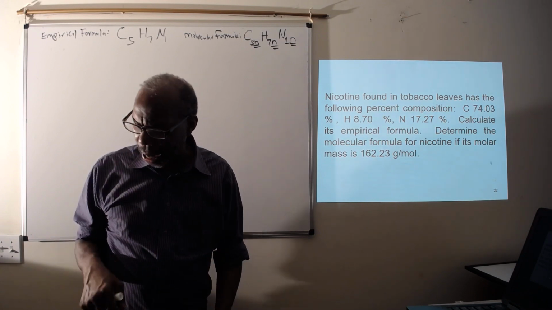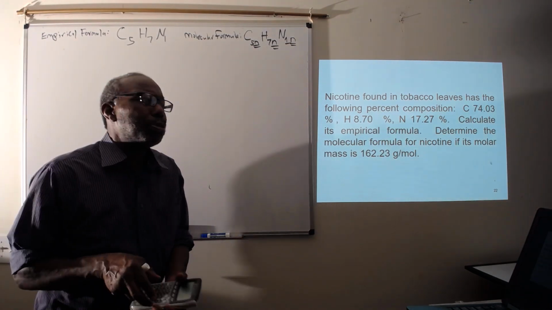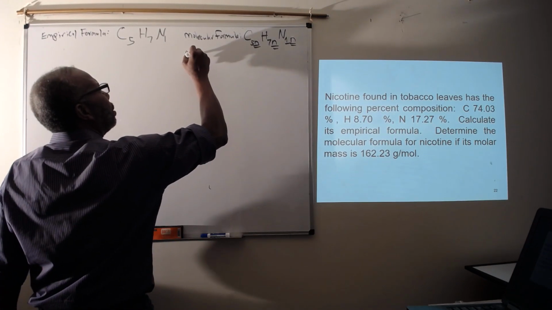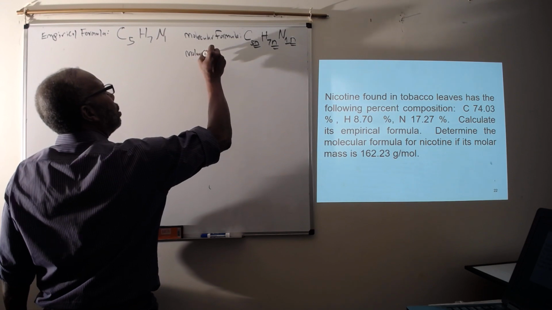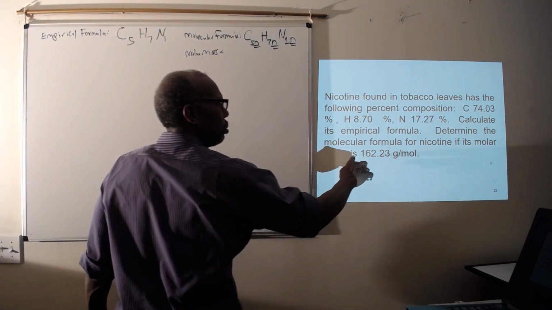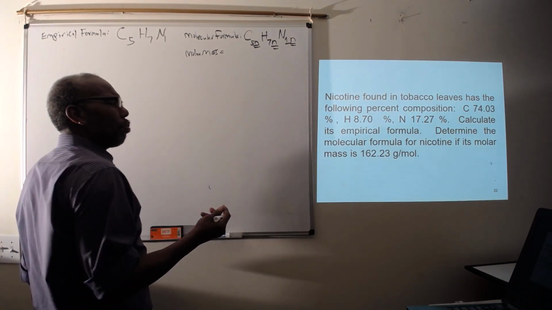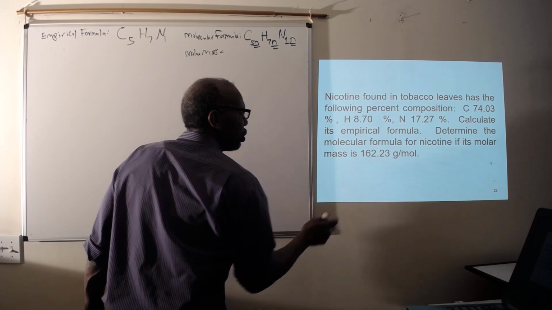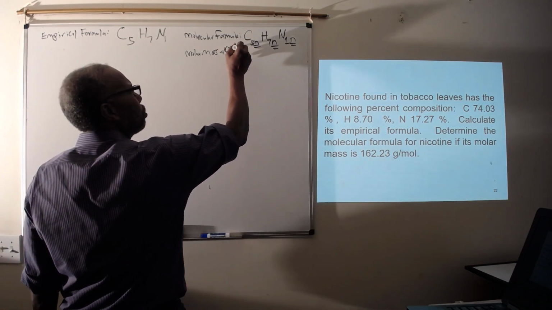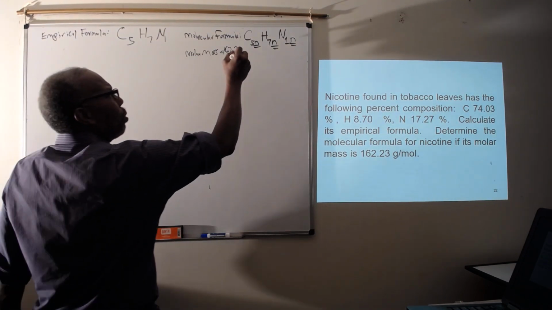One way we can do that is by inspection, and by inspection, since we know the molar mass is equal to 162.23 grams per mole. That should be given in the problem.